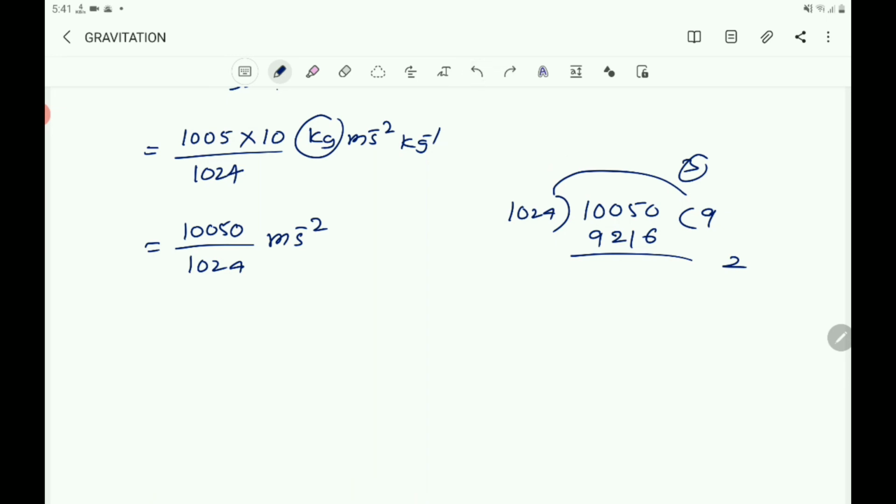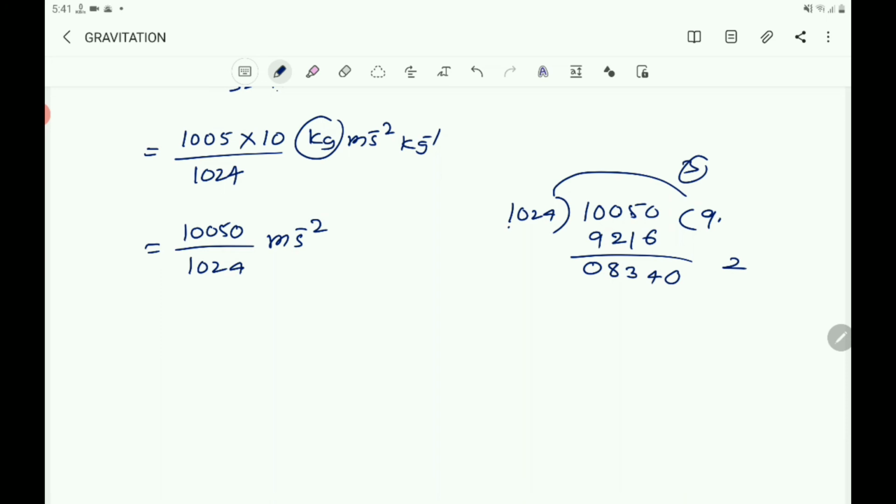As here there is 0, then 1 9s are 9. Then you put the point here, because here you have taken an extra 0.